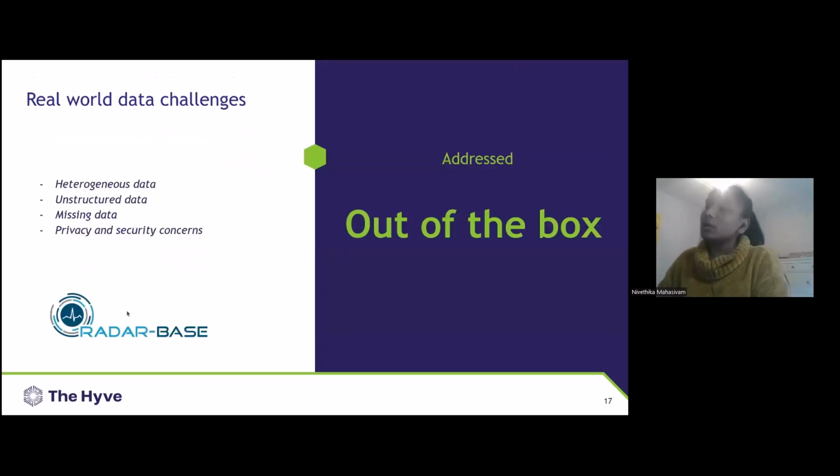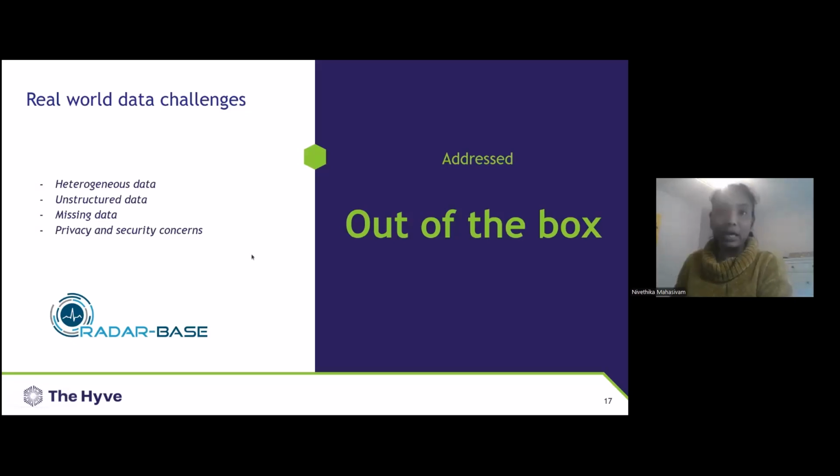All right. So another thing that we had to keep in mind is that when it comes to real world data, there are also challenges in getting this data. Obviously, the data is heterogeneous, different devices provide data differently from each other, and the data can be quite unstructured.